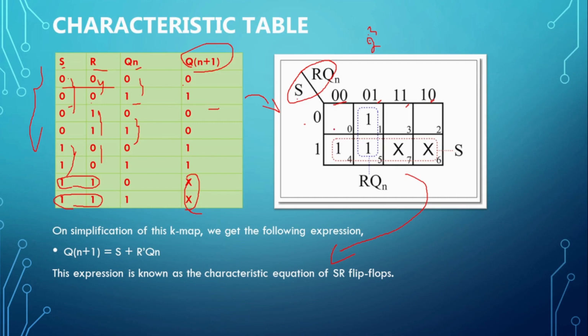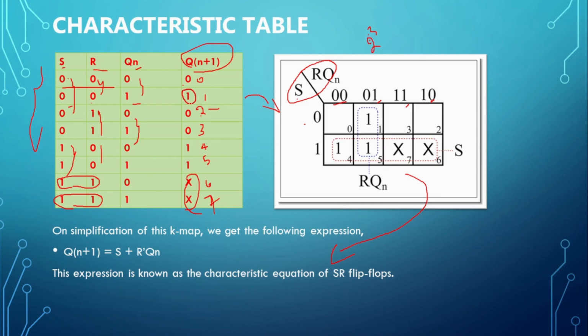You need to fill these cells with 1 and don't care conditions. The cells are numbered 0, 1, 2, 3, 4, 5, 6, 7.